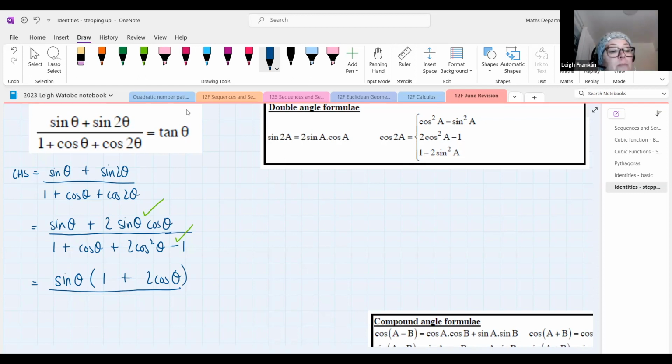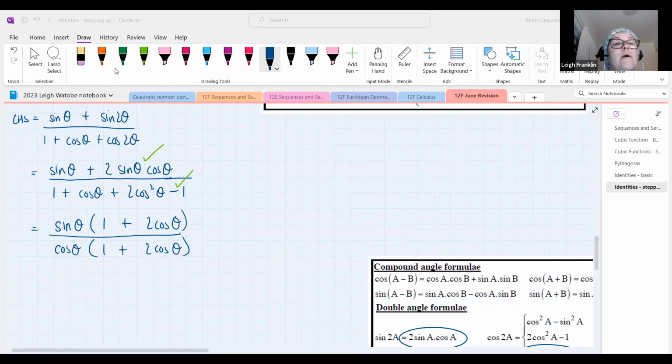So at the bottom, I can also take out cos theta. That's going to leave me with 1 plus 2 cos theta at the bottom. All right, now, I don't know if I've lost anybody at this point, but I'm happy to come back and explain that to you again.